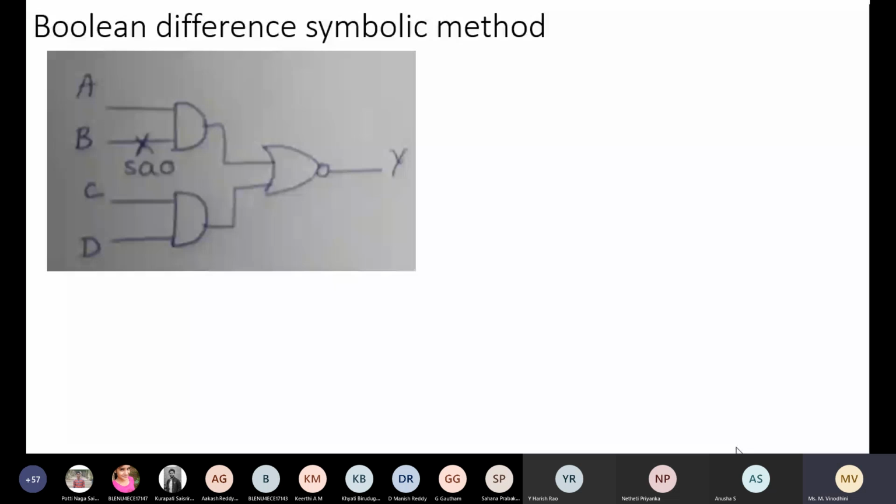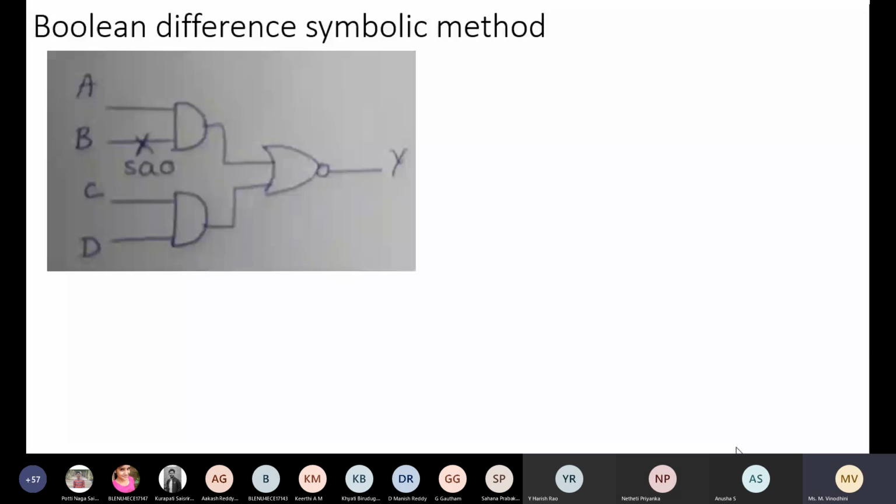No other option. I cannot introduce multiple faults and come up with one test vector which will detect all the faults. That is not possible. In all these combinational circuit ATPG algorithms, I get the test vector for one fault in the circuit. Then after identifying the test vector, I remove this fault and introduce the next fault, and get another test vector for that fault. It may end up with the same test vector.